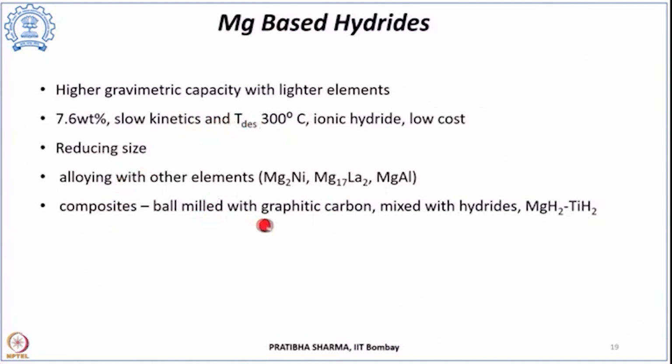Ball milling with graphitic carbon to form composites, or mixing with other hydrides like titanium hydride, has been shown to work well with magnesium hydride to reduce the desorption temperature. However, the desorption temperatures achieved in this class of compounds are still way higher.